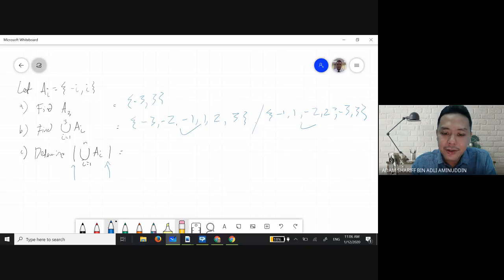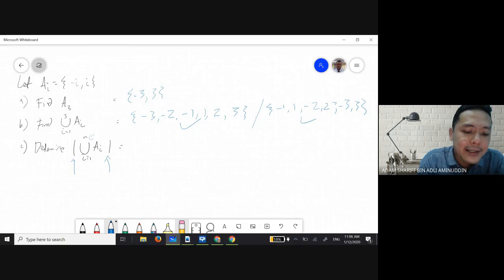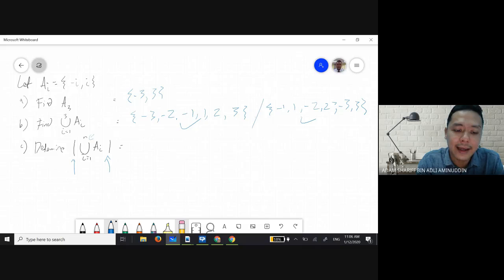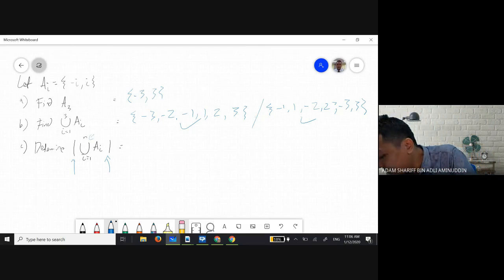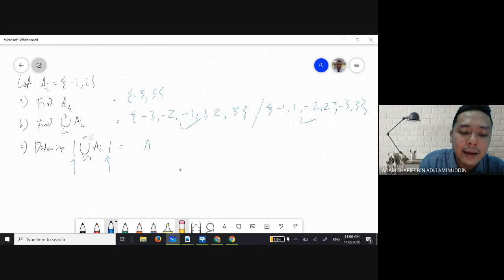But let me show you the basic draft idea first. Sebab sekarang ni dia until end. Dia mengajak kamu semua berfikir dalam bentuk undefined. And the groundwork is already there. Kamu dah buat A1 union A2 union until AN.